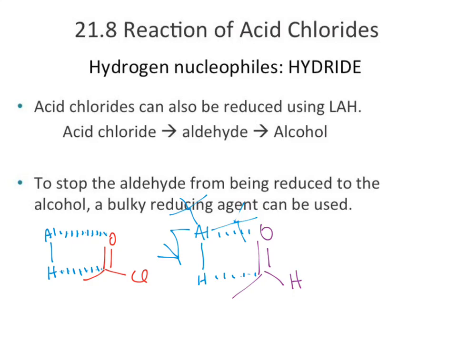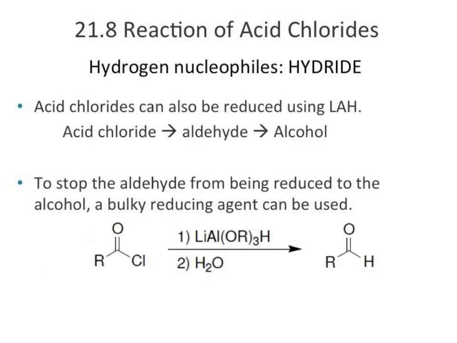So if we want to stop at the aldehyde, what we would end up using is a very bulky reducing agent. Let's see, they give an example here. In this case, they're using, I don't even know if that has a name. We still have our aluminum hydride, but now we have these OR groups out on the sides.